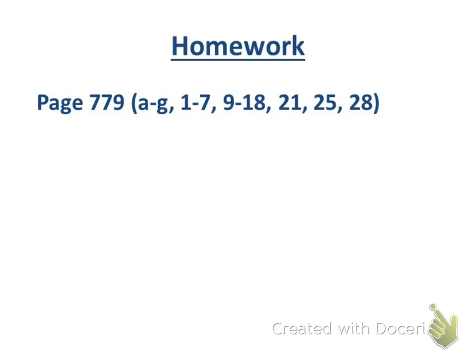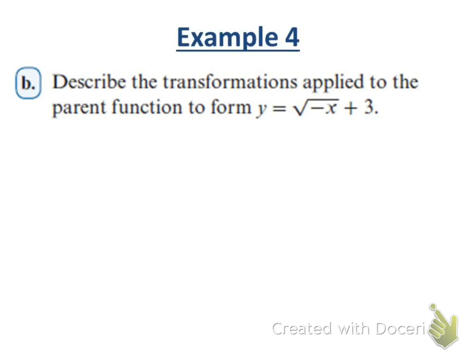There may be a few questions here that you struggle with. Yeah, let's go back to that one. Let's talk about it. Let's talk about what the plus 3 is going to do. It changes the range up 3, right? What's this going to do?